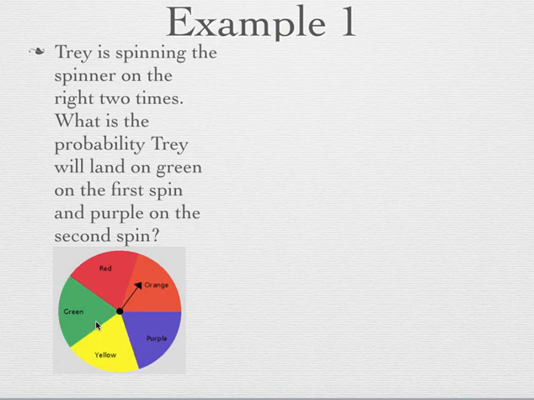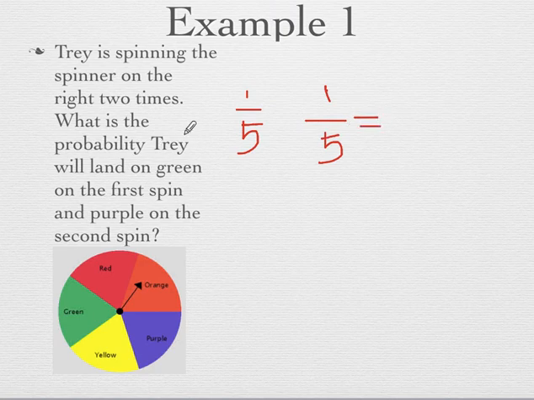If you spin this 2 times, the probability that it will land on green in the first spin is 1 out of 5. So let's write that down, 1 out of 5. And in the second spin, what is the probability that it will land on purple? That's another 1 out of 5. So how do you find the probability that it will land on green the first spin and purple the second spin?